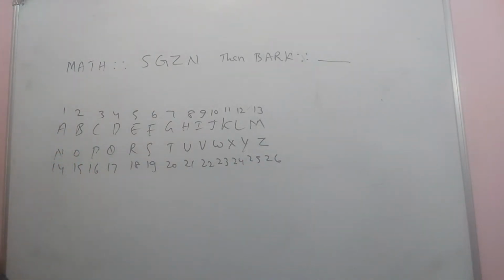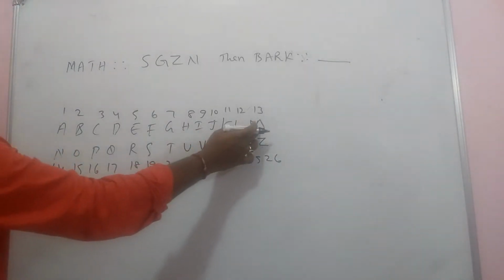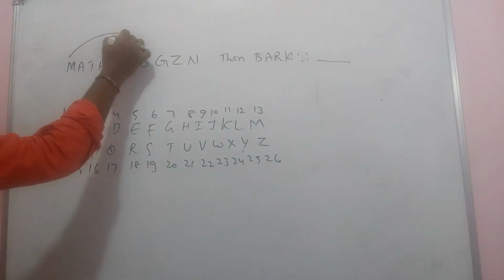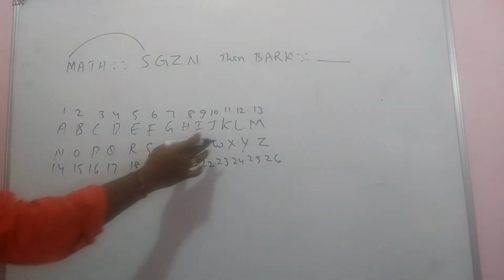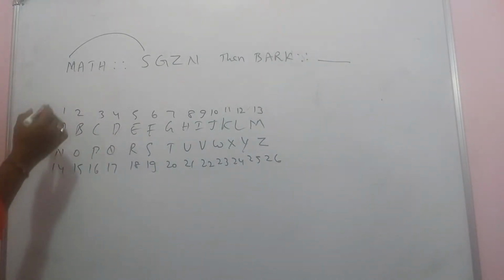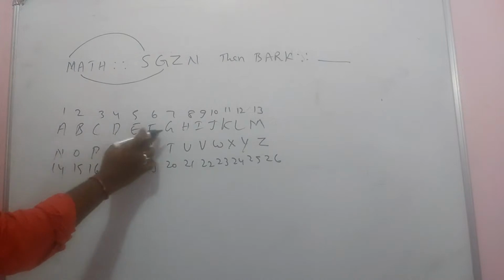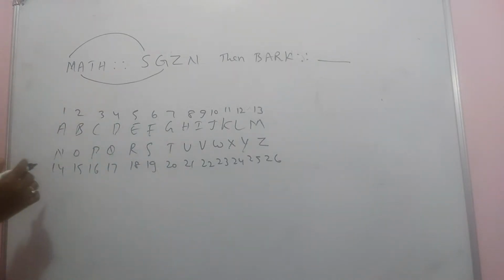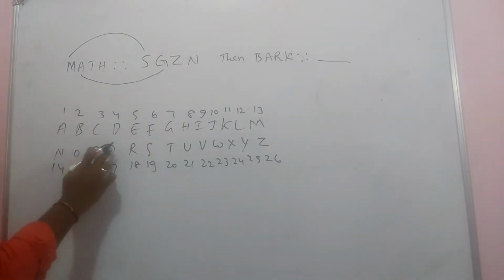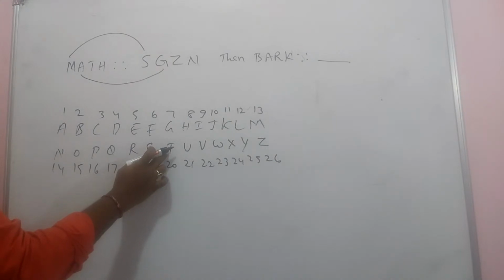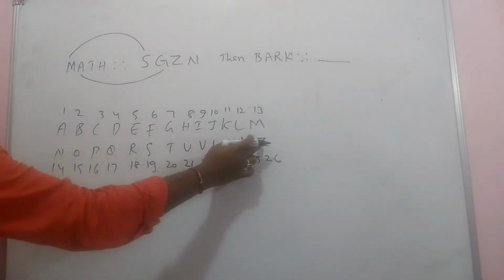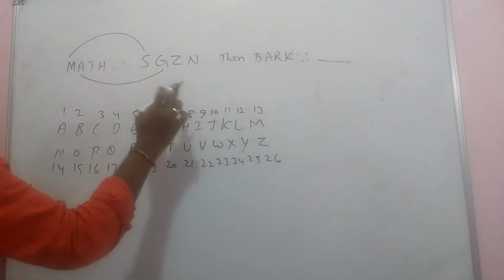So M is coded as S. The gap between them is 6. A is coded as G. The gap is 6. T is coded as Z. So the gap is 1, 2, 3, 4, 5, 6.